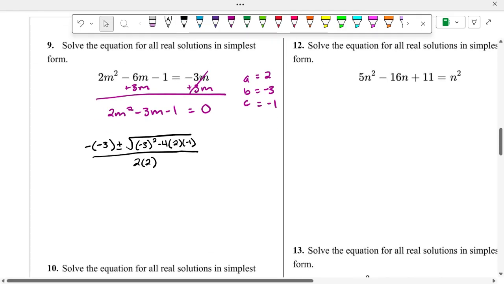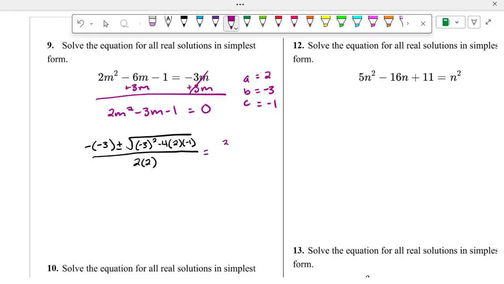All right. Now, Dylan P, how would I simplify the negative times negative 3? It'll become positive. Good. This will be positive 3 plus or minus. Let's go Dylan L. If you evaluate what's under the radical, what number would you get? No, not on the bottom.